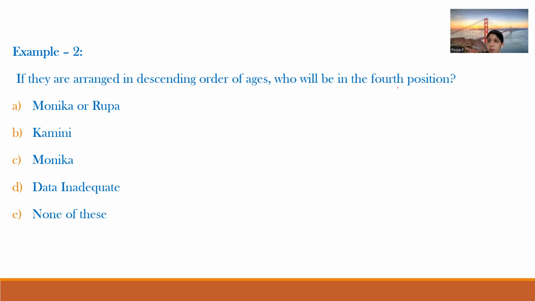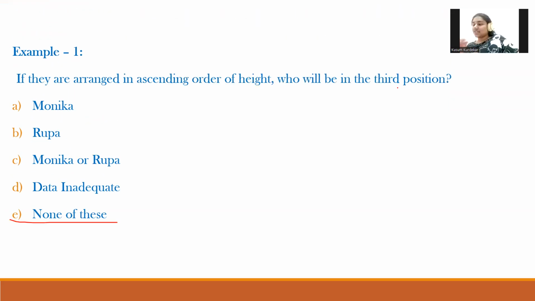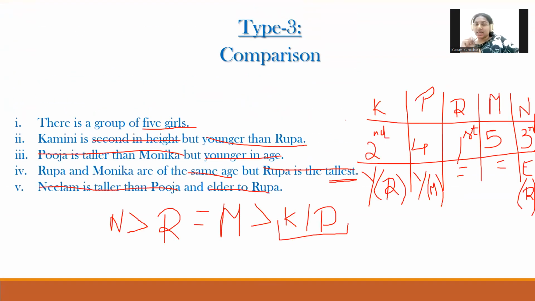Correct. But did you see the options? Did you read the options? Yes, ma'am. Ma'am, it can be Kamini, because in the option Pooja is not given there. So Kamini may be the answer. This is your descending order. You all agree with me. Neelam is the oldest. Pooja or Kamini becomes the youngest. So this is the descending order.